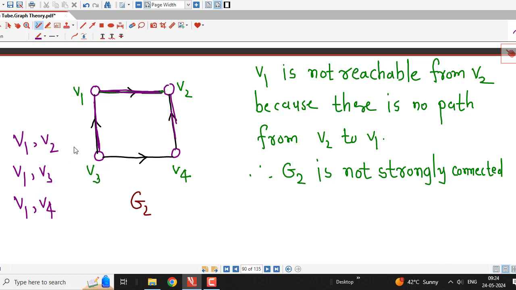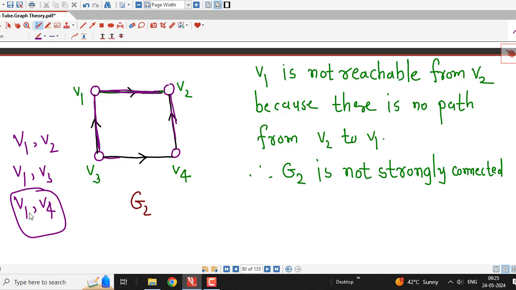For V1 and V4, if I go in this direction, I am not able to reach V4. And if I want to go from V4 to V1, we obtain this pair V1 and V4. So we are not able to reach V4 from V1. If I go from V1 to V2 in this direction, here I cannot go, and here also I cannot go.